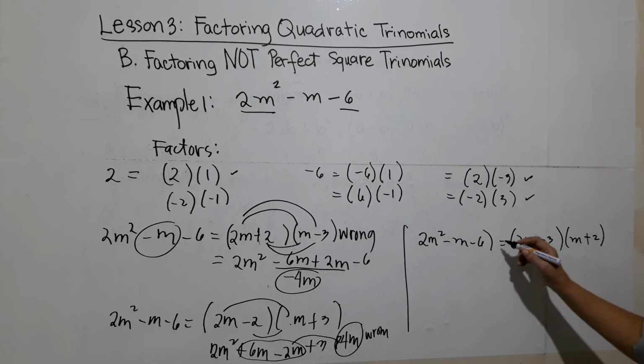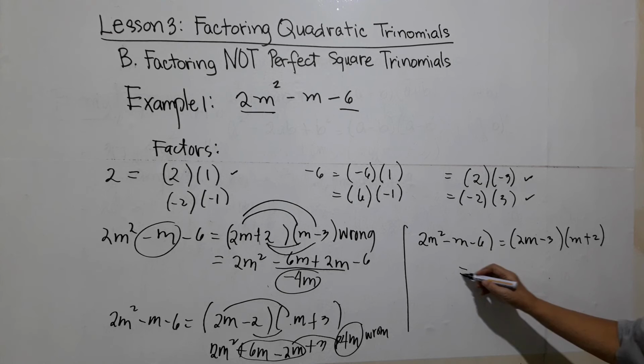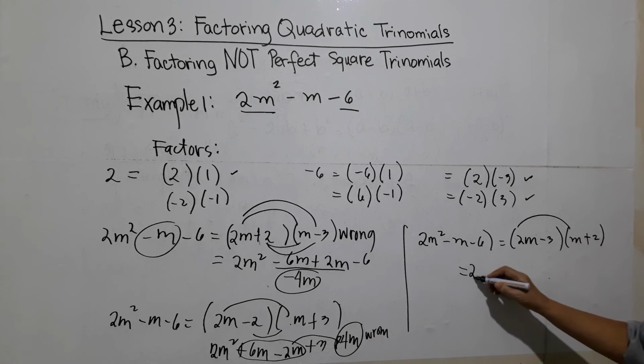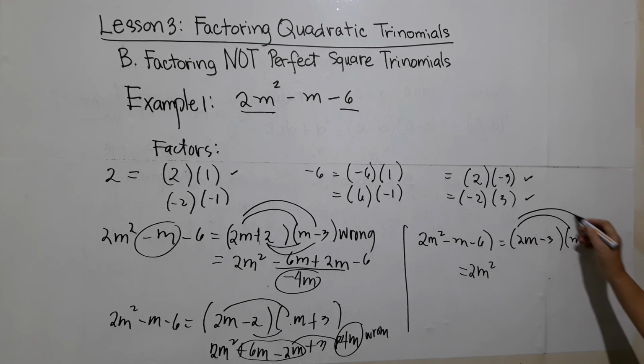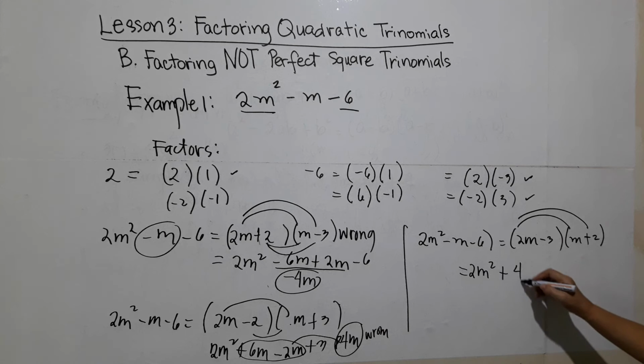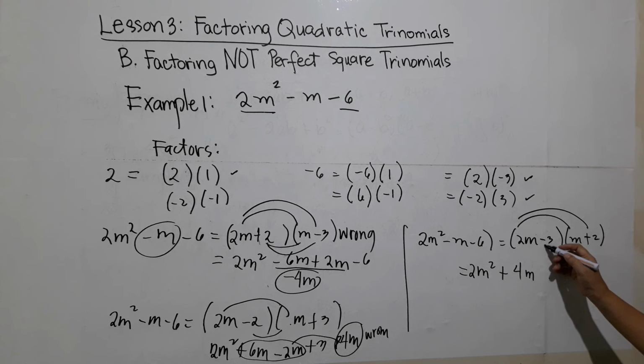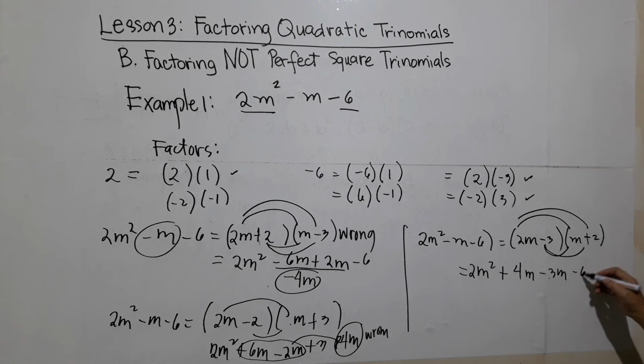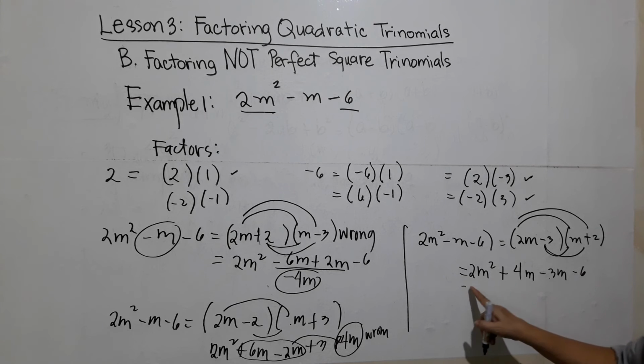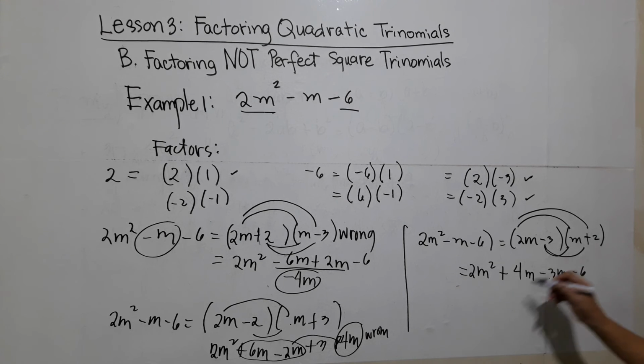Let us see, doing the FOIL by checking, we have 2m squared plus 4m minus 3m minus 6. Do you think I will arrive to the correct answer?